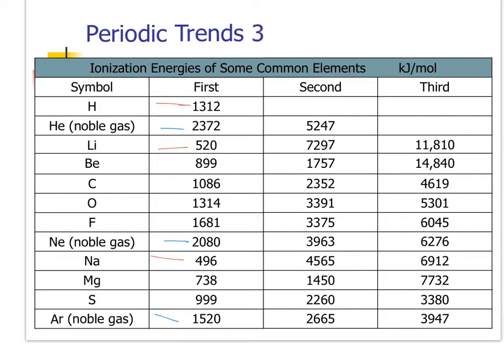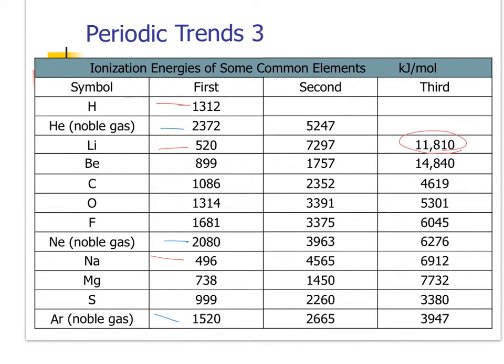What other things we can see here is where we start getting into the next level. Trying to take lithium's third electron is very difficult, because we can see that is a lot of energy, kilojoules per mole. That's why we say it's probably not going to happen.